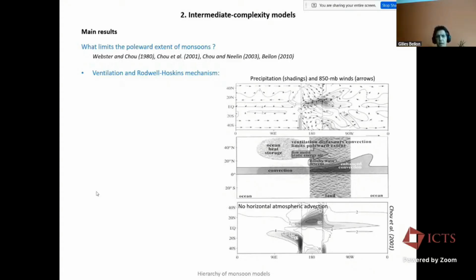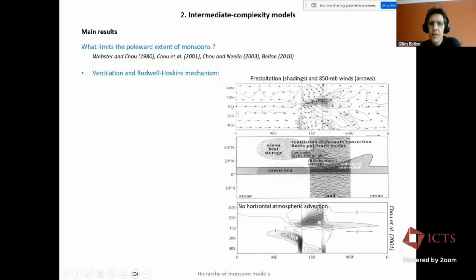What they saw is a combination of a standing wave, or a stationary wave, that develops over the continent, and horizontal advection that they call ventilation, which is very important to limit the poleward extent of the monsoon.